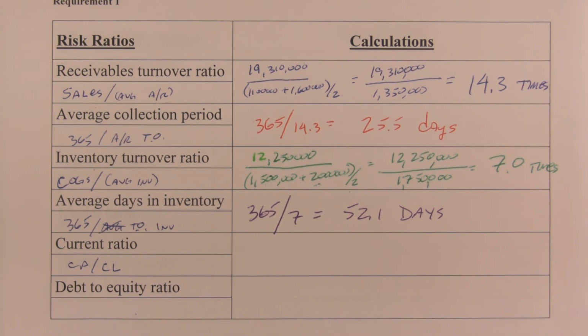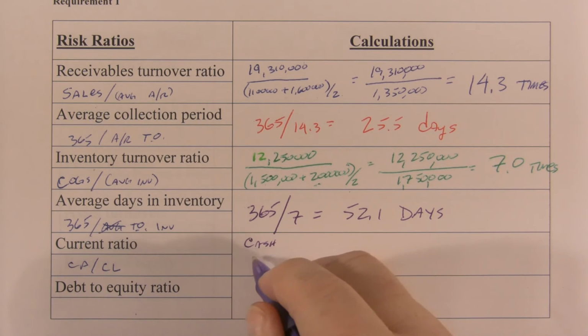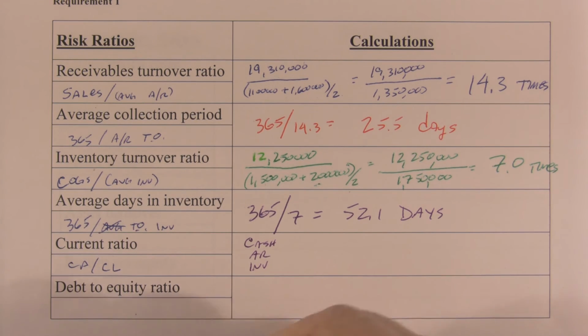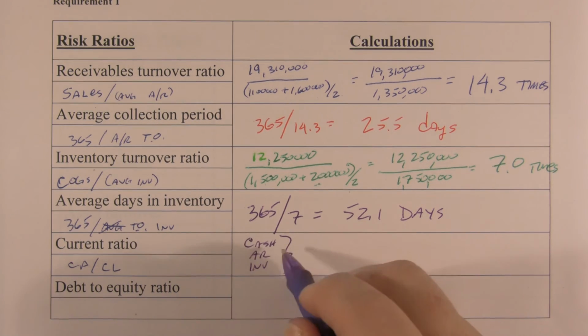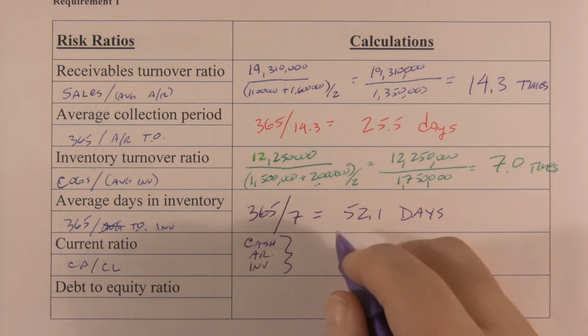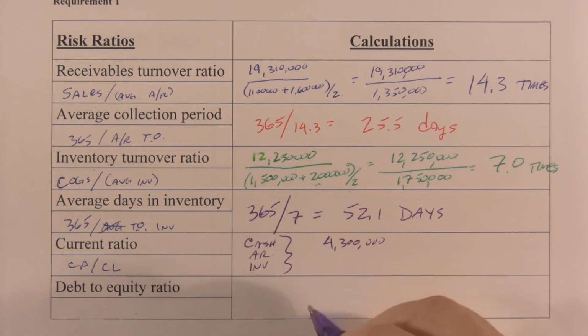Okay, the current ratio is the current assets, which is cash, accounts receivable, and inventory. In this problem, you add up those three, and you come up with 4,300,000.